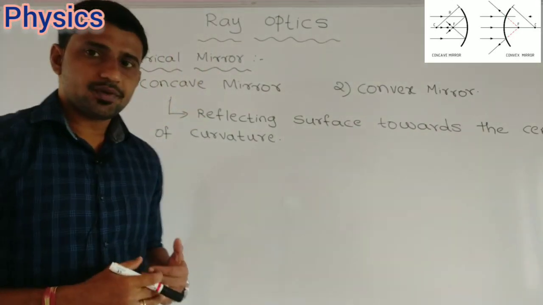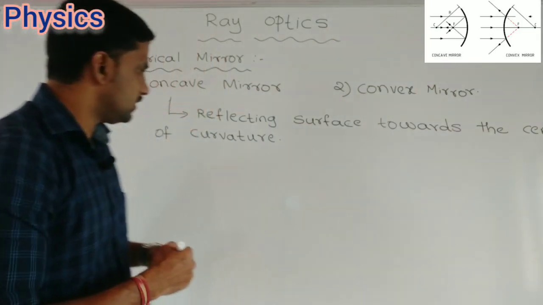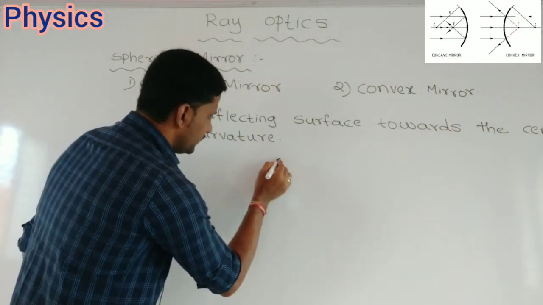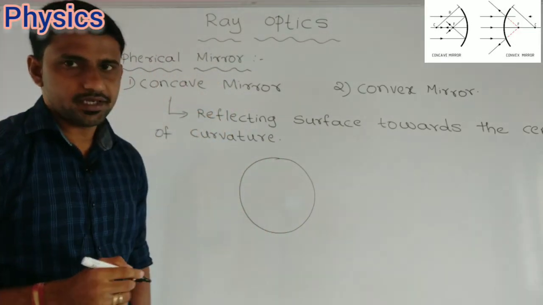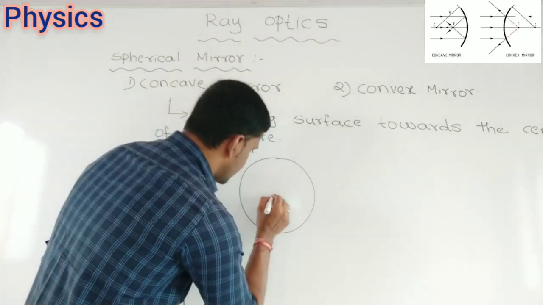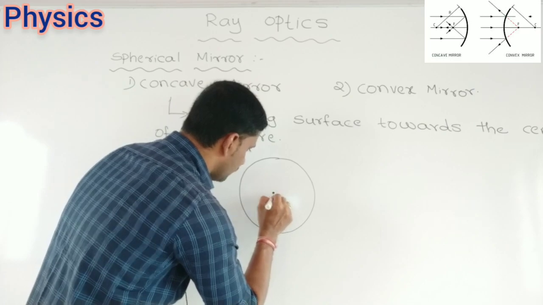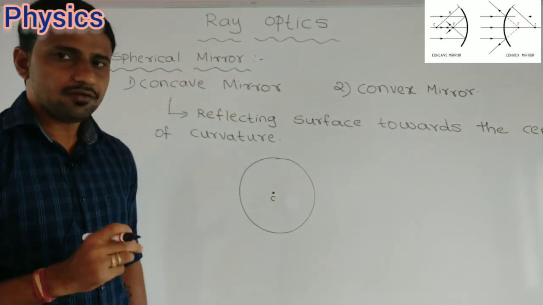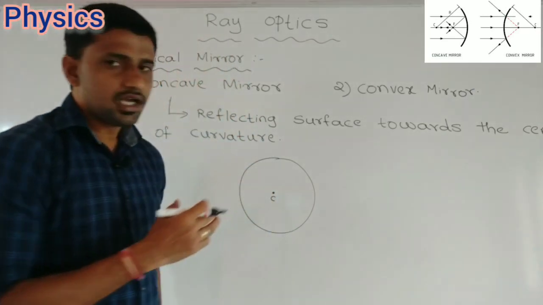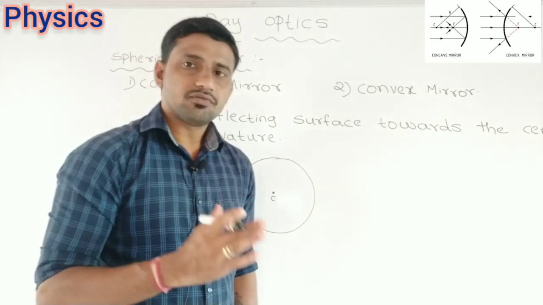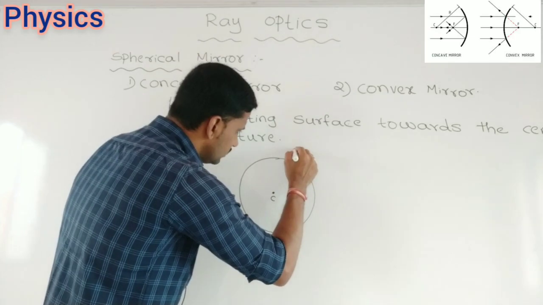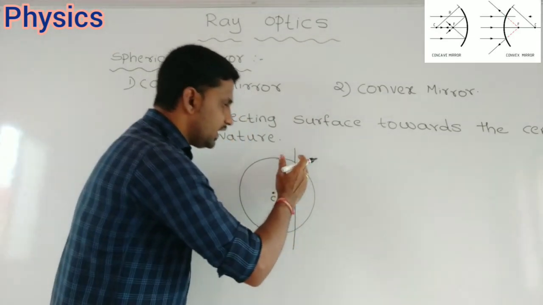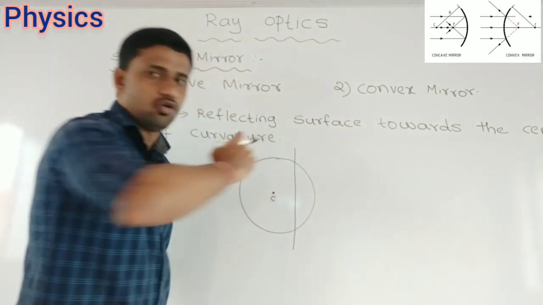Then how do we represent the concave mirror? We know that in general spherical mirrors are part of a hollow sphere. Assume that this is a sphere, and a sphere has one center. If I take one part of this sphere, I get one part of the hollow sphere.